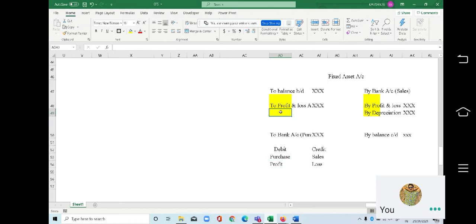Either way, it is on the debit side. Similarly, on the credit side also, you will get either sales or loss as a balance. Can you understand this concept? The fixed asset preparation account concept.